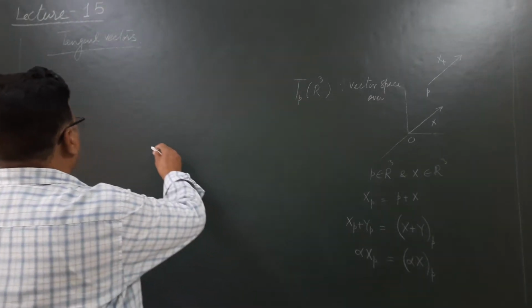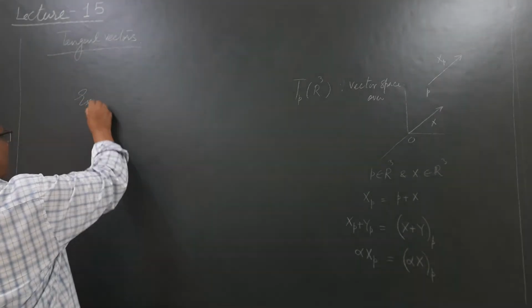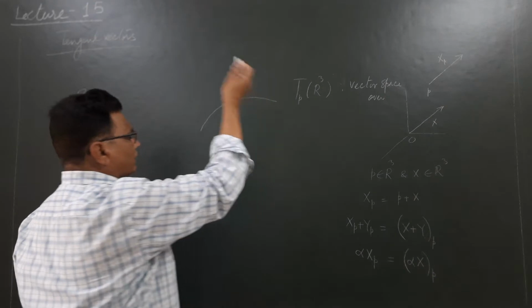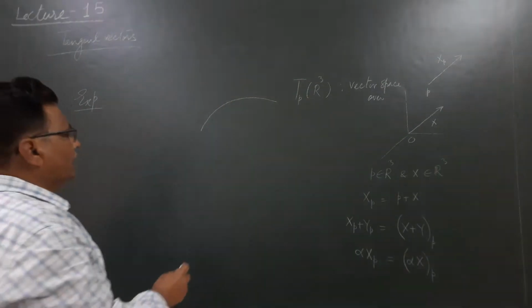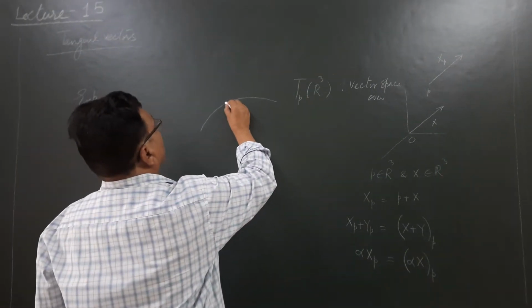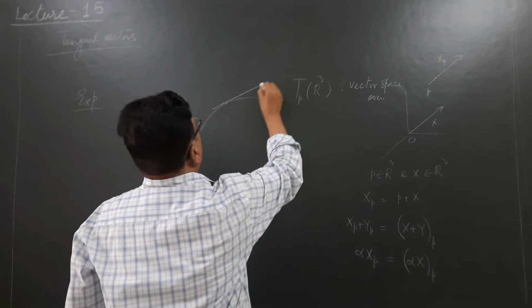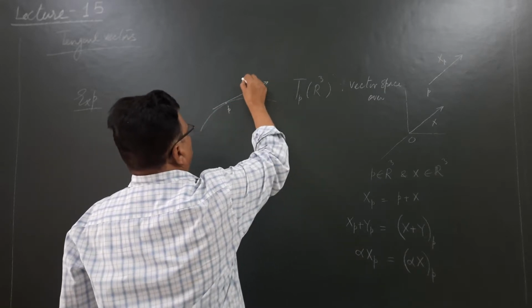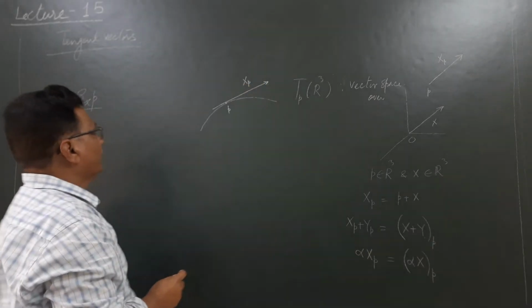Usually, as an example, if you consider a curve in R3 or in Rn, whatever, then we consider the tangent vector at the point P. So, this is xp, the tangent vector.